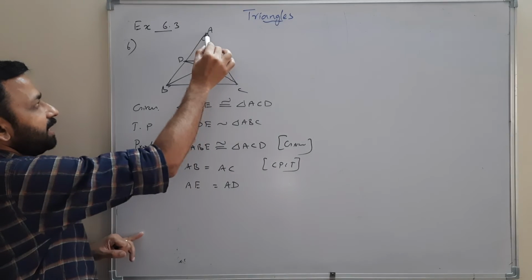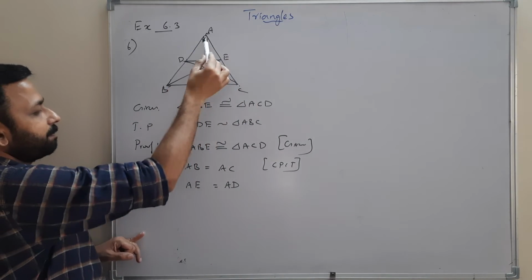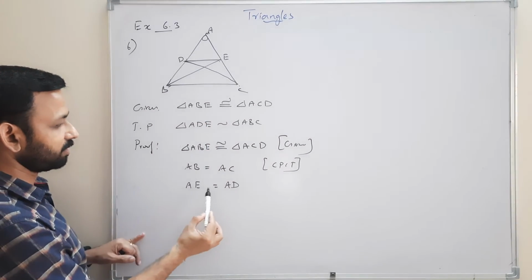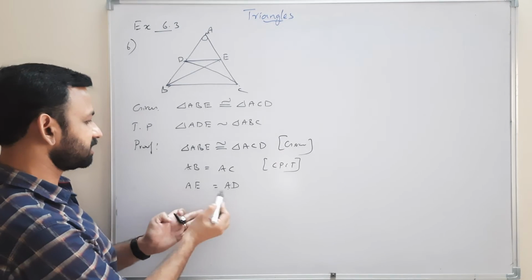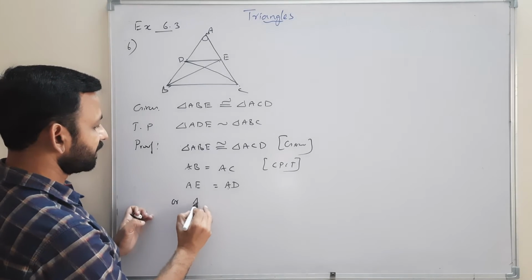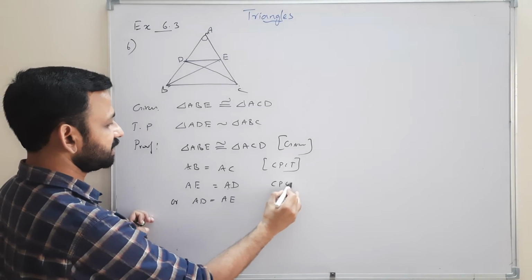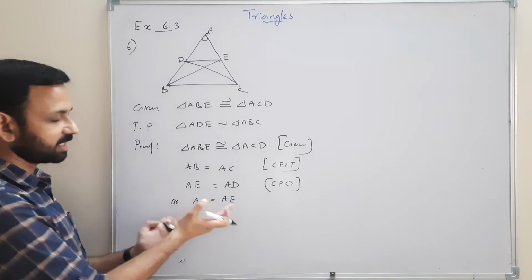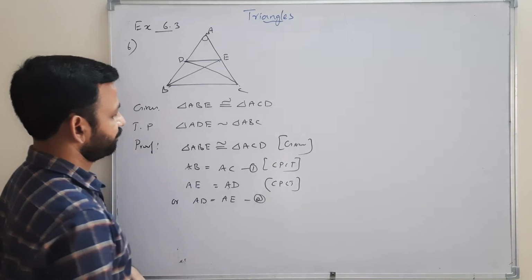So we want to get AB upon AD equal to AC upon AE. So we can interchange LHS and RHS, or AD equal to AE. So here CPCT, that is the reason. And here we interchange LHS and RHS. This is equation number 1, equation number 2.